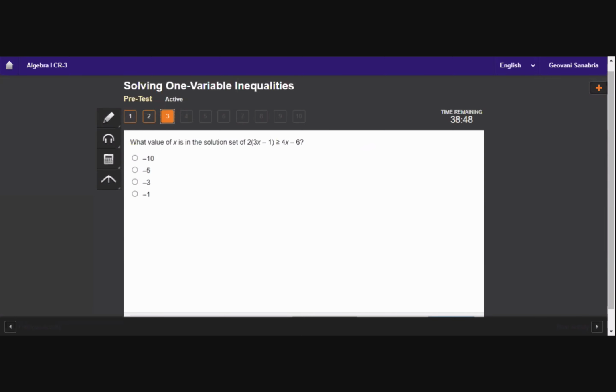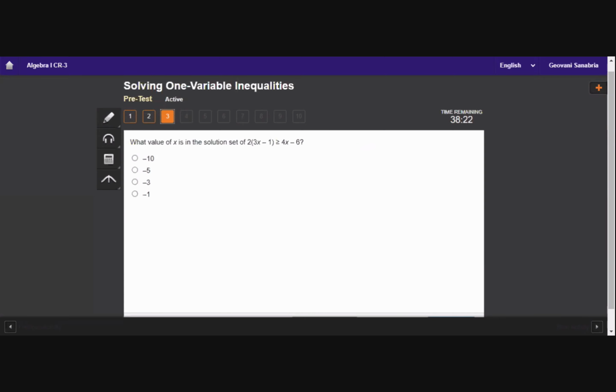Add 2. So you don't add 2. Oh, so this one is going to be divide, right? Yeah, because it's negative 2 times x. So it's just like when you had the equations. If it's right next to the x, the opposite would be dividing, because when it's right next to the x, it means multiplying. So negative 2 times x, you have to do the opposite to get the x by itself.